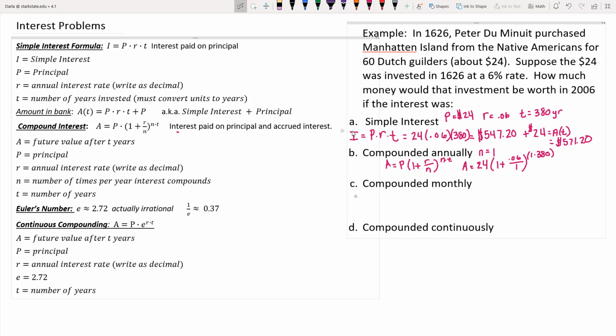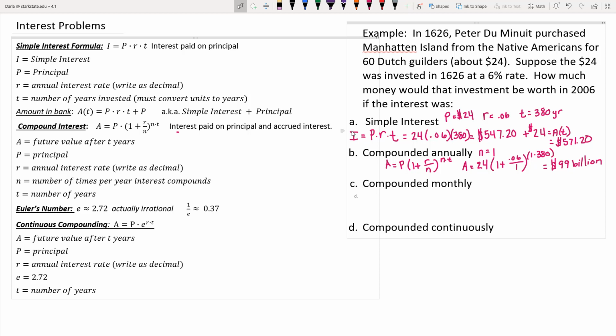You can simplify this further into 24 times 1.06 raised to the 380th power if you'd like. Basically what that'll give us, and I'm just going to round this, is 99 billion, and I'll write it with words. That's an approximation, not exact dollars.